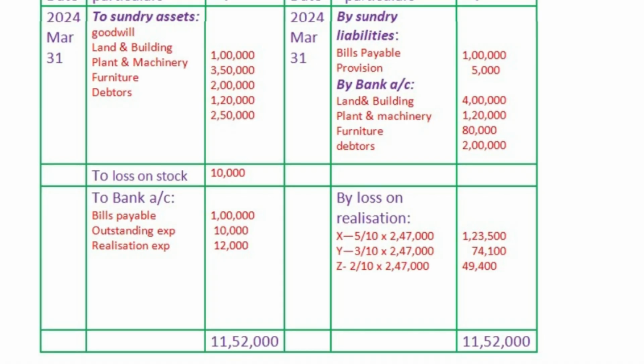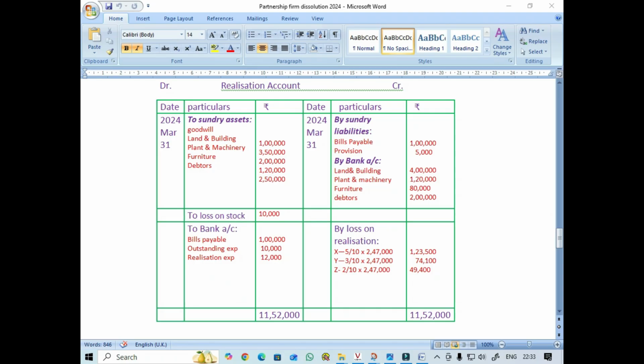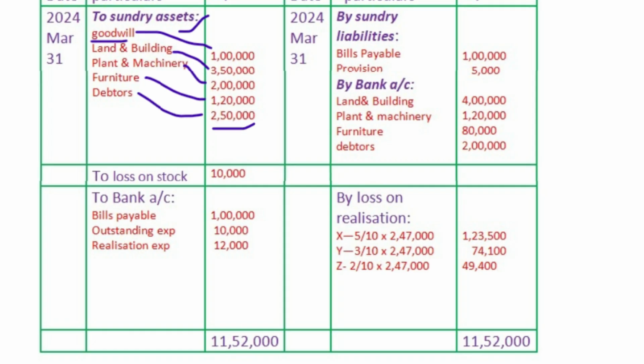On the debit side, as usual, all assets are transferred from the balance sheet except the cash balance and bank balance. Gross value shall be transferred on the debit side. Provisions will be transferred on the credit side. In the question it is given debtors less provision. So debtors balance is 2,50,000, and out of that 5,000 was deducted.